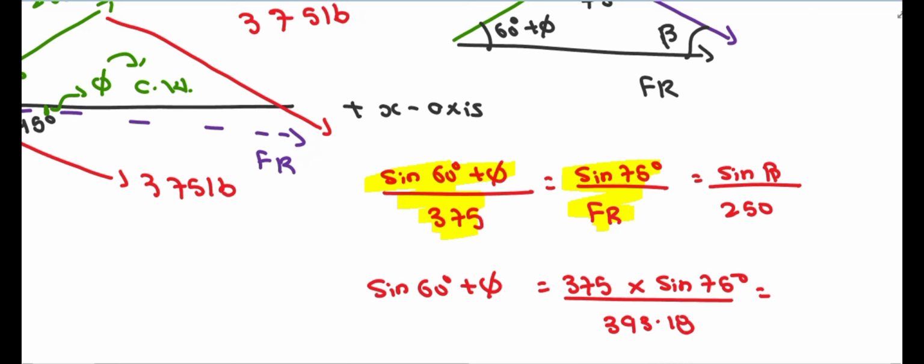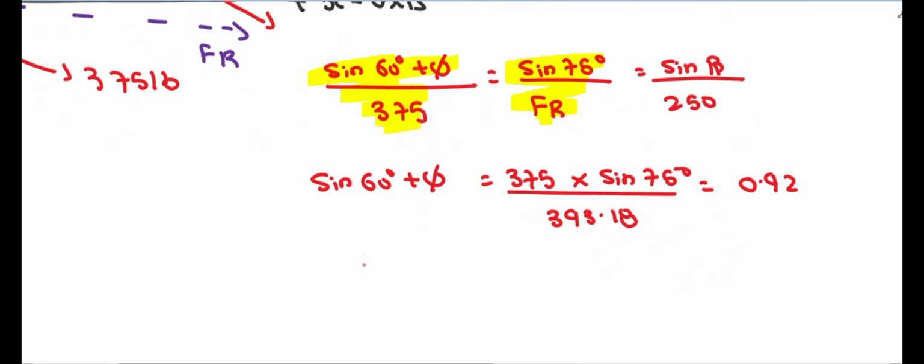375 times sine 75 degrees equals 362.22, and if you divide it by 393.18, we get 0.92. So sine of 60 degrees plus phi equals 0.92.